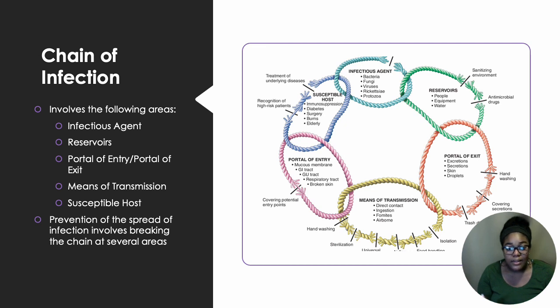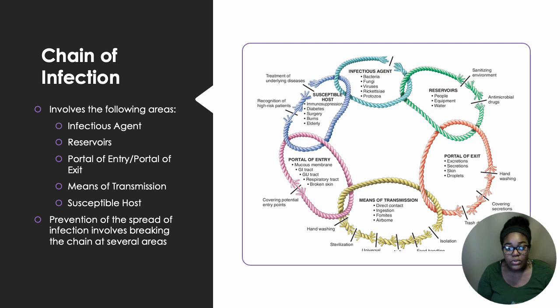As far as the portal of exit, once that infectious agent moves from the portal of exit, there is a means of transmission, and that can be anything. That can mean direct contact, that can mean contact with an inanimate object, that could be ingestion, that could be droplets, airborne. The means of transmission is how the actual infectious organism is spread.